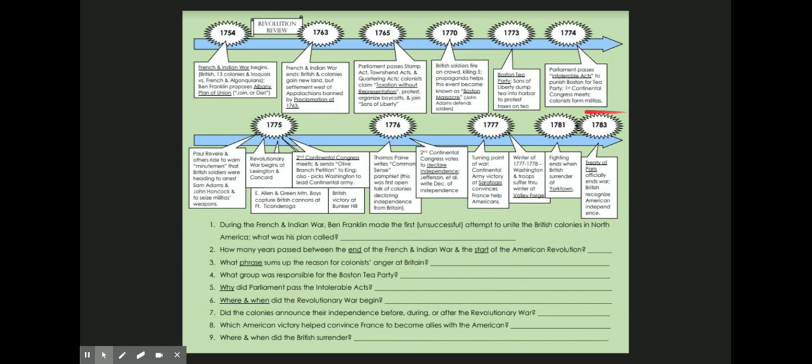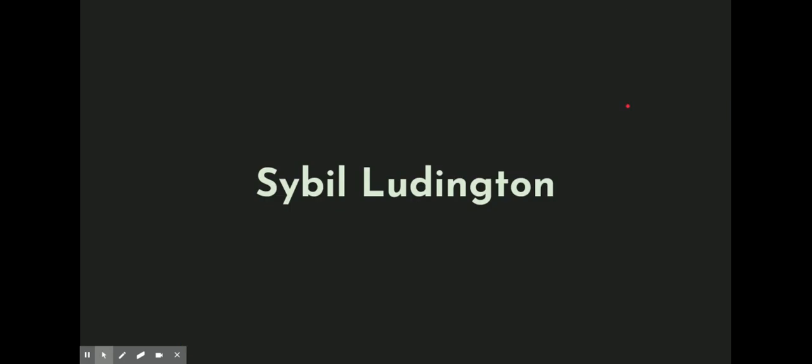Now, I understand there's not a lot of room here to do that, so I don't expect a big detailed answer. You can draw an arrow to wherever and fix it and put it on. Just a tiny few words, even, about Sybil Luddington in the right location. All right. Thanks for watching the video. For that, there's her name again, Sybil Luddington.